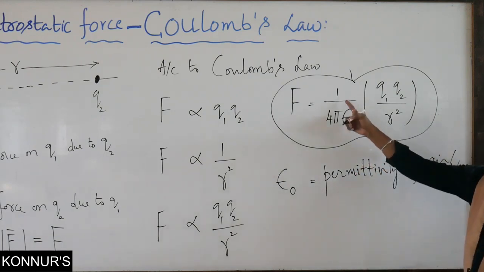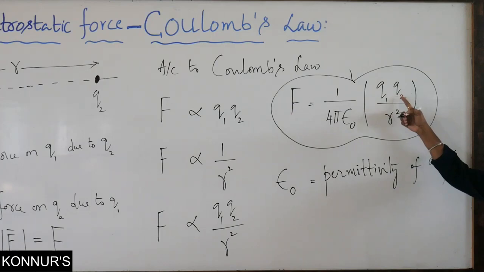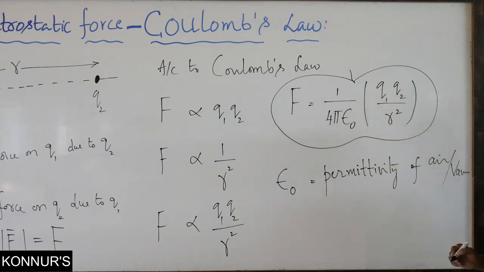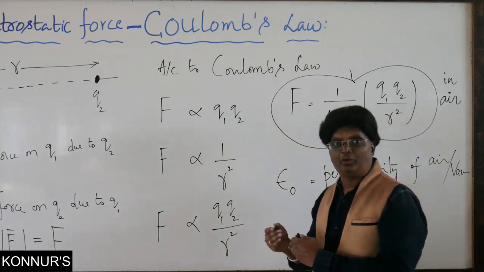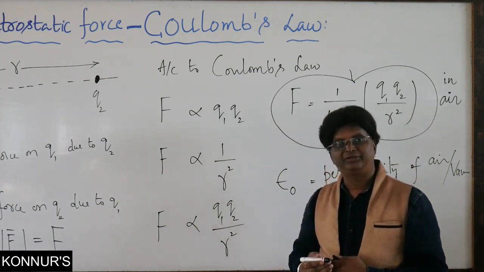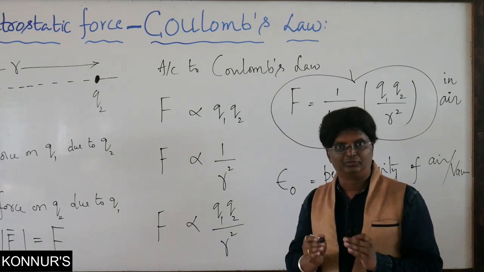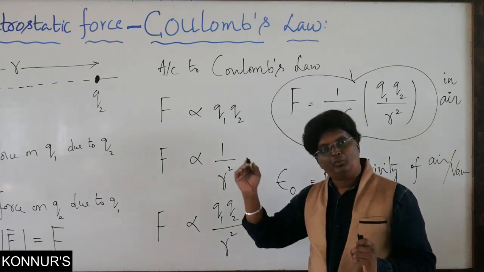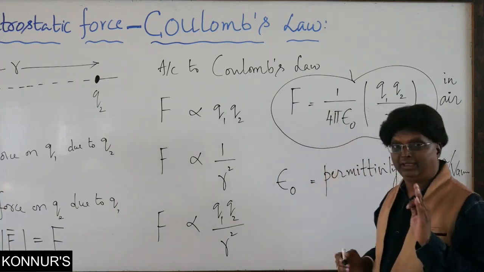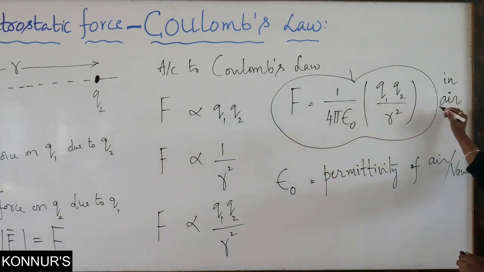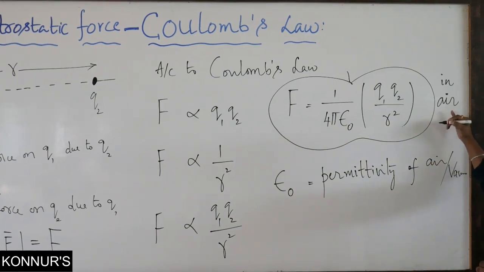The expression 1 by 4 pi epsilon naught Q1 Q2 by r square is applicable only for charges in air. Supposing it is not air but another medium, we will come to that point also. Let us first see the electrostatic force between the charges in air. So remember this expression is only for charges in air.